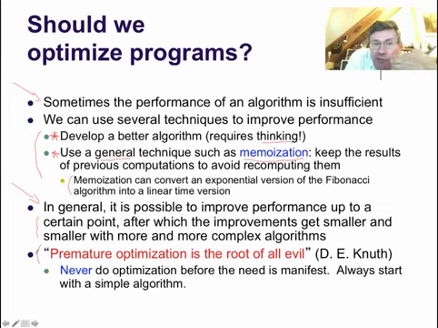You have to measure and profile programs to find out where they are afterwards, and only if you see performance bottlenecks. This has been pithily summarized in the phrase premature optimization is the root of all evil. The idea is never to do optimization before you really have a manifest need. Always start with a simple algorithm.